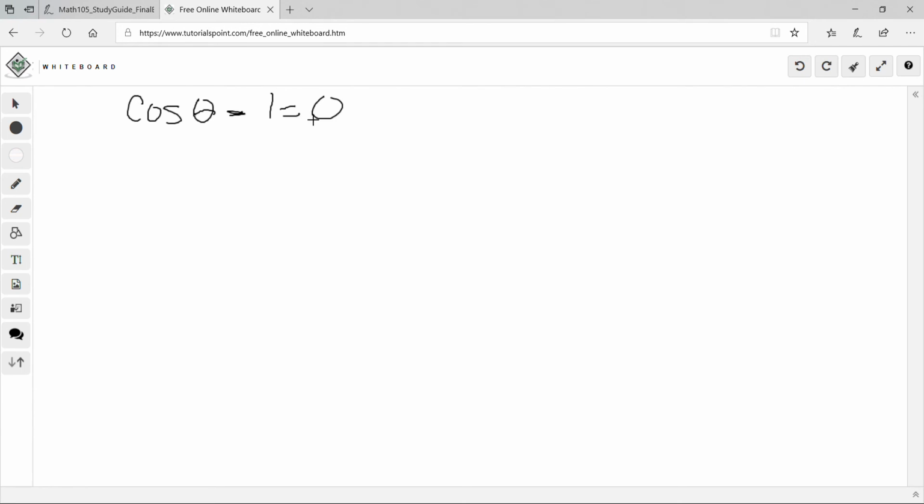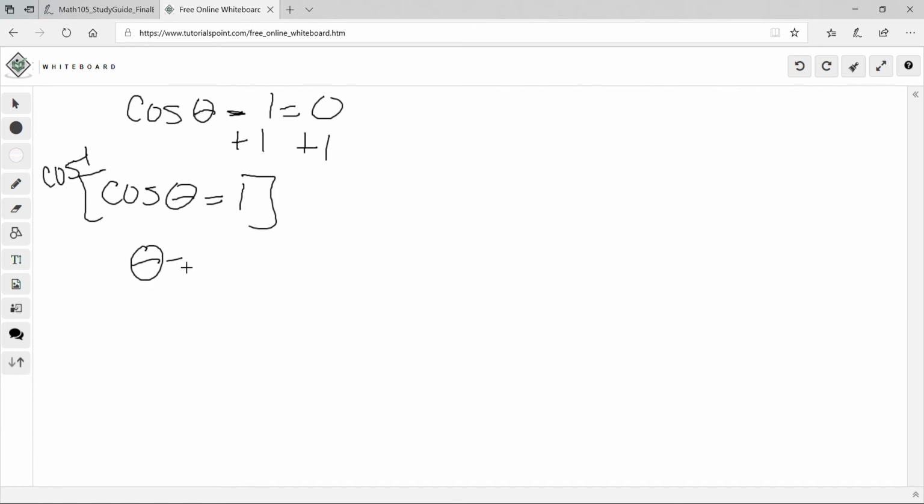I want to solve for theta, so first I'm going to add 1. So you get cosine of theta equals 1. And then to find theta, you can apply cosine inverse. So this cancels, and you're just left with theta equals cosine inverse of 1.